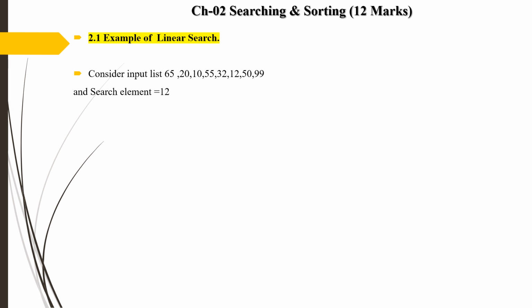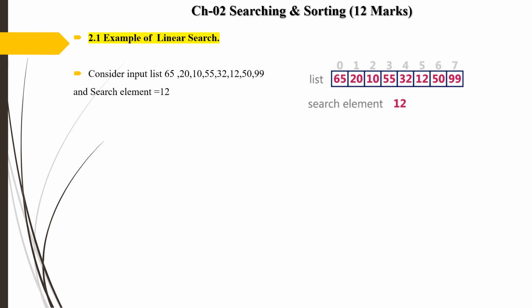In examination also the question asks to demonstrate or find the element by using linear search. So one list is given and one search element is given. So first we represent the list by an array.